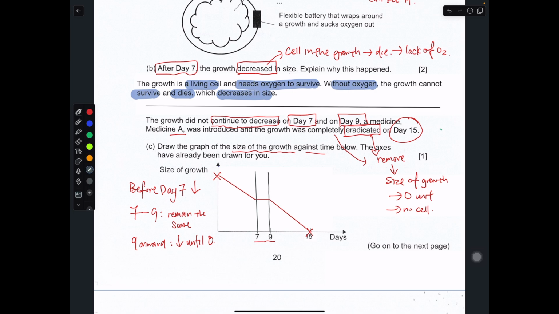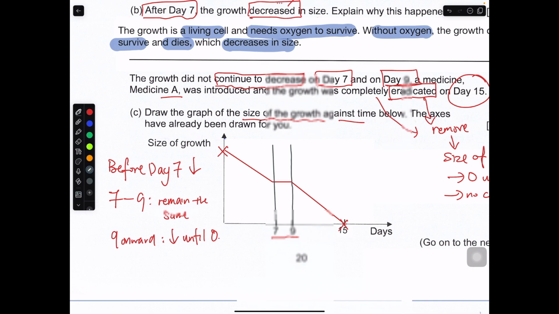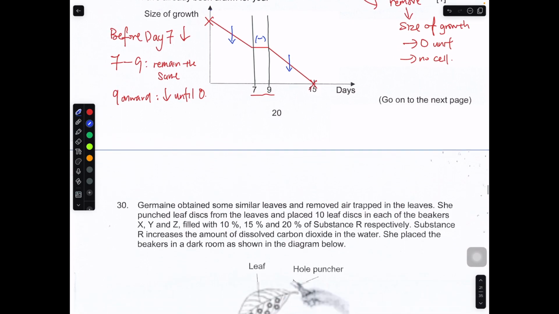Okay, if I have a ruler, I might draw it better. Okay, so it looks something like this. Decrease. 7 and 9 remain constant, then decrease until 0. So this is how the graph would have looked like. Okay, so let's move on to the next part.